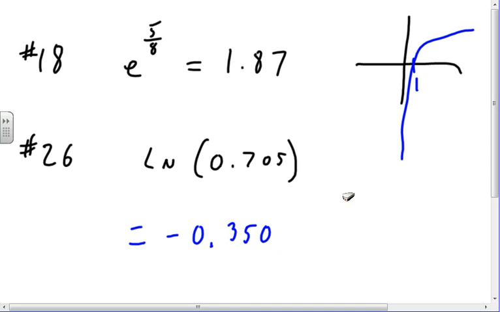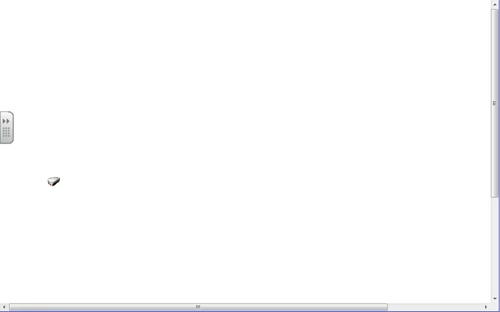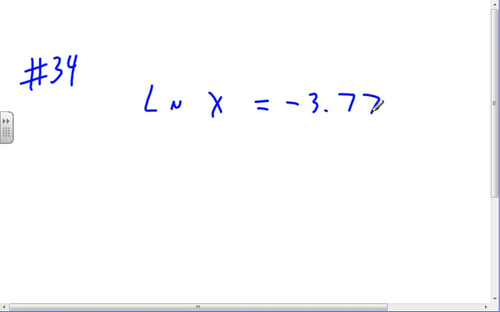All right, so we're going to do 34 next. Natural log x is minus 3.77. 3 significant digits. Okay, we're going to do the same thing we did in the last section. We're going to raise these as powers of e. E raised to the natural log of x is just x. So x is equal to e to the minus 3.77.